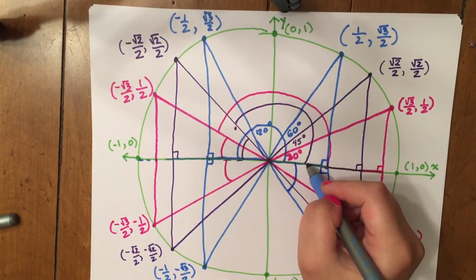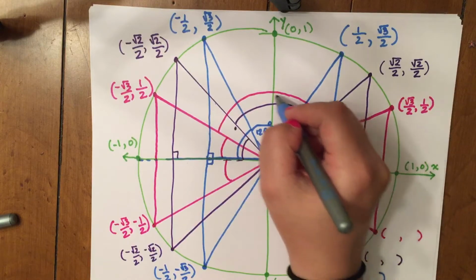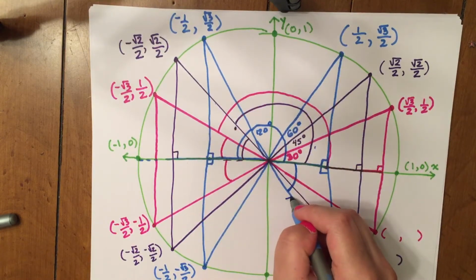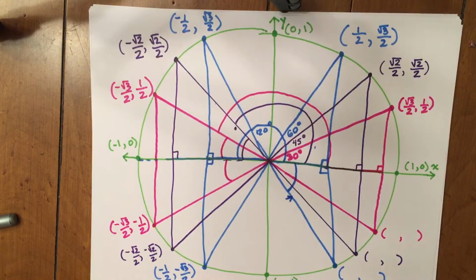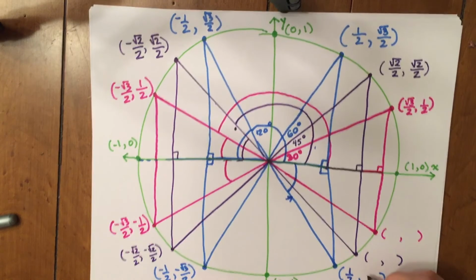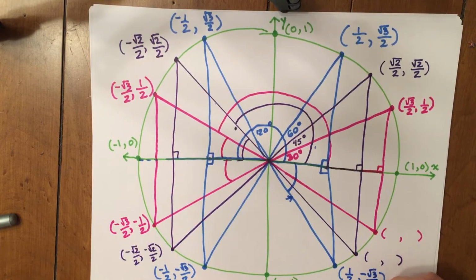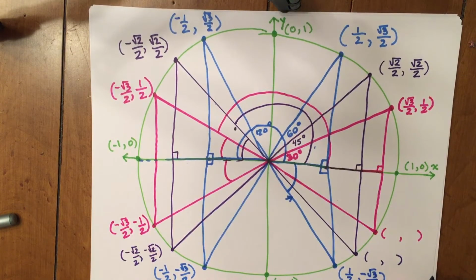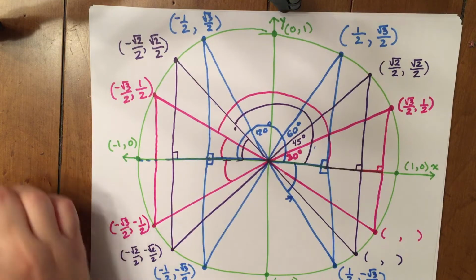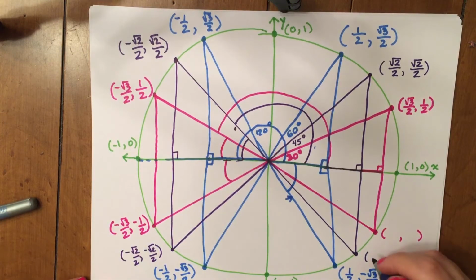So this angle, starting from 0, going all the way around and stopping at this line segment right here, is 300 degrees. Our x now is positive because we're heading to the right, and our y is negative because we're heading down. So our positive x, negative y. And then we do the same for each triangle.